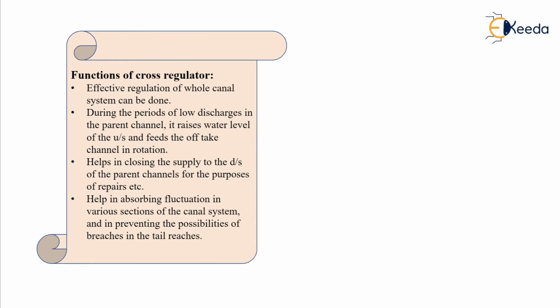So if during the week, on Monday we are allowing the water to flow through the main canal, then on Tuesday we are allowing the water to flow through the distributary channel. Then it helps in closing the supply to the downstream of a parent channel for the purposes of repairs.